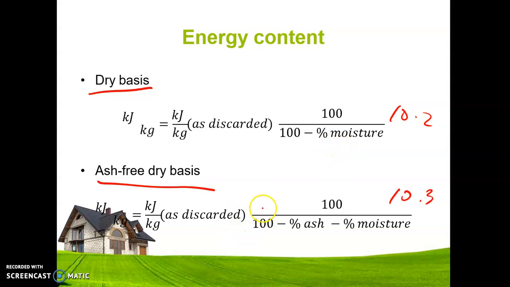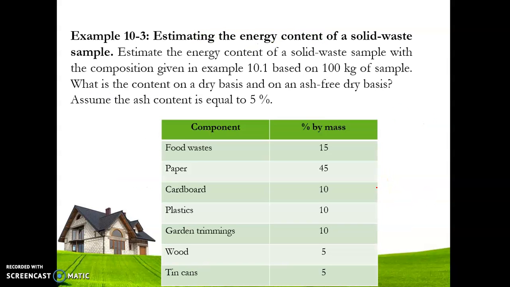So the second equation, which is 10.3, takes into consideration the percentage of moisture and also ash. Okay, the 10.2 is only moisture. All right, so we proceed to the example, which is example 10.3, estimating the energy content of a solid waste.